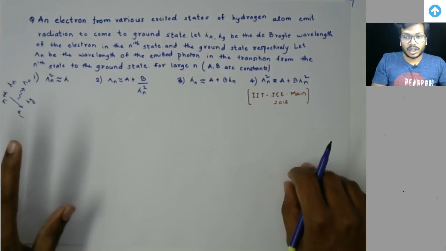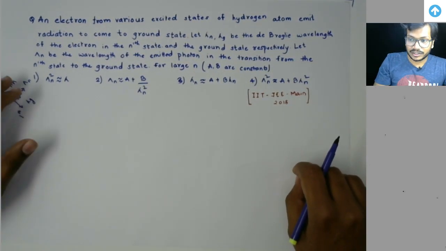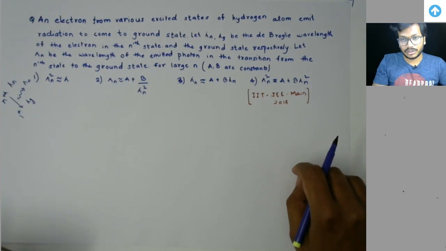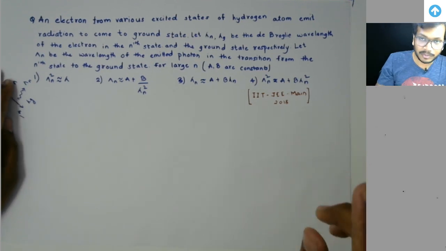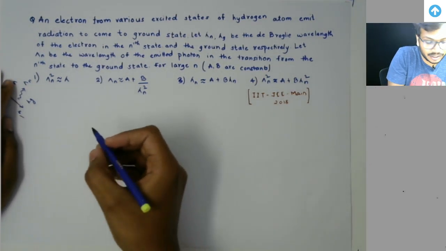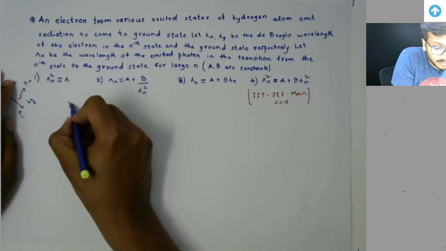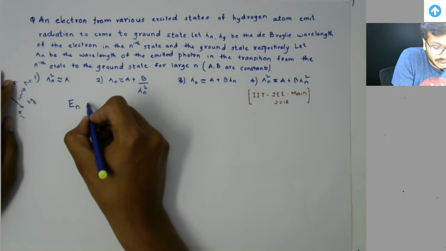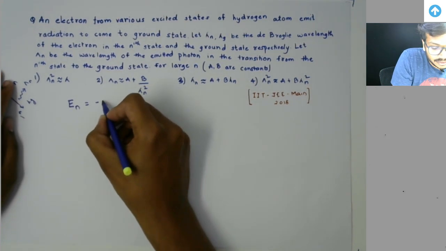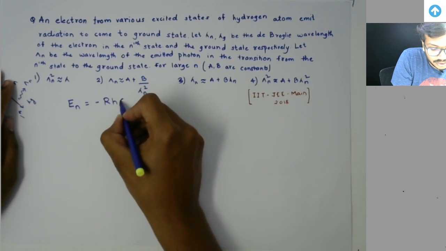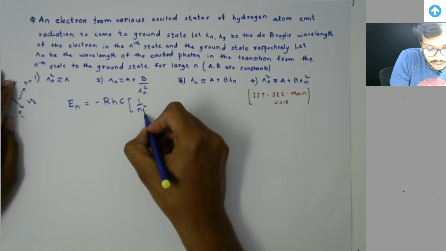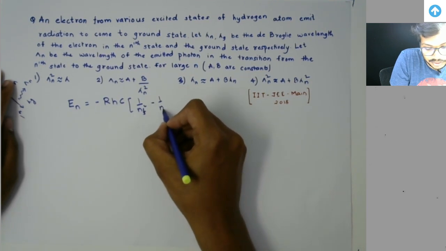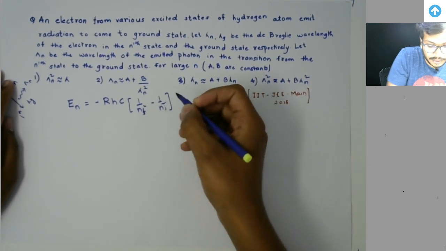Now, just right now we had seen the energy of the photon that jumps from a higher level to a lower level. Let me write that relation for you. The energy emitted by a photon from the nth level is given by minus R h c into 1 by nf square minus 1 by ni square, correct?